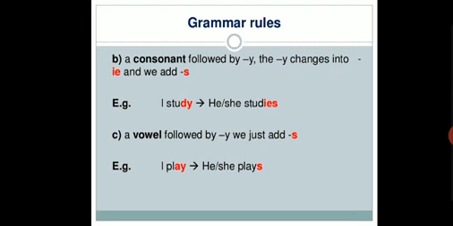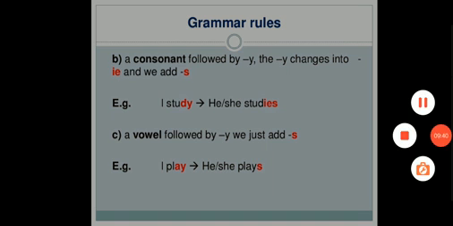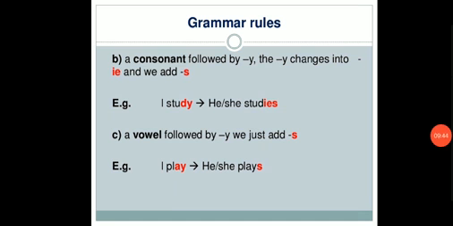With I, we, you, and they, we write don't. But with he, she, it, we write doesn't. Like, he doesn't sleep early. She doesn't sleep early. It doesn't sleep early.